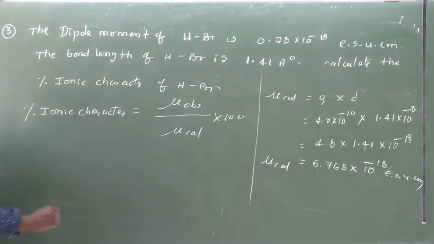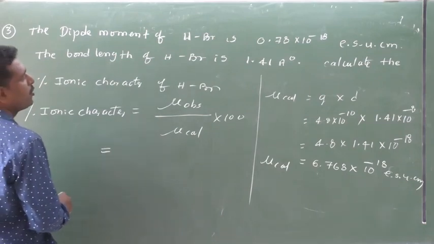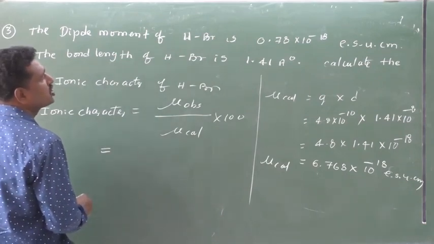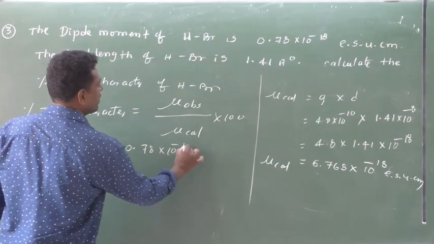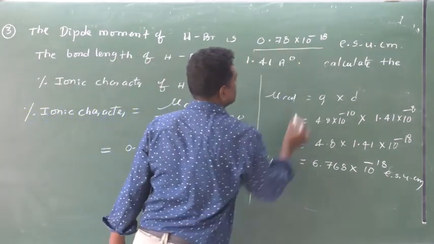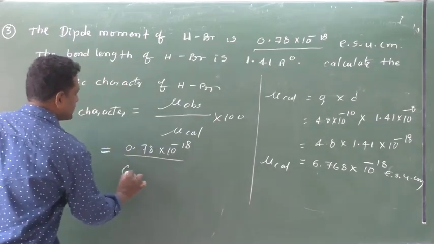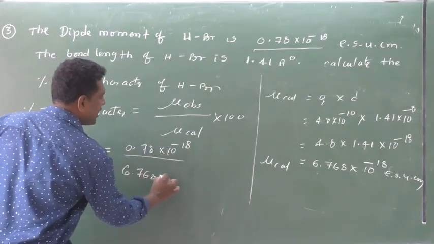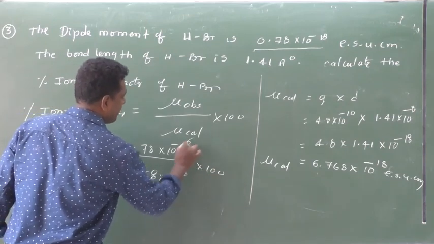So after that, percentage ionic character equals mu observed. Mu observed is how much? 0.78 into 10 power minus 18. Here mu observed is given, and we have calculated mu calculated, 6.768 into 10 power minus 18, into 100.